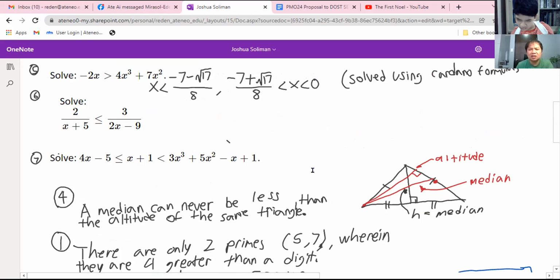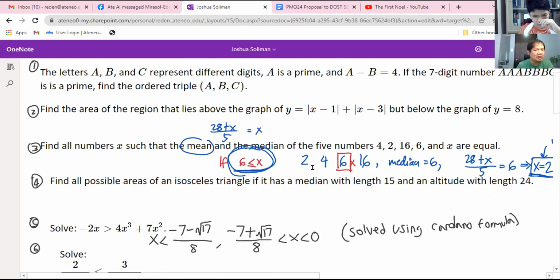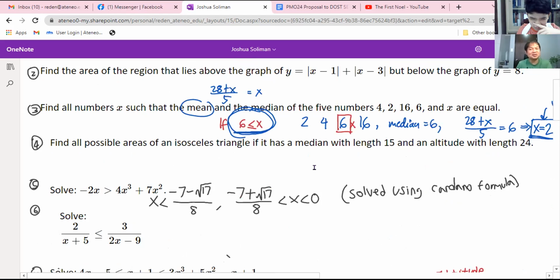However, in your depiction, it seems you were comparing a median and altitude from the same vertex. But if you read the problem, they don't have to be from the same vertex, do they?